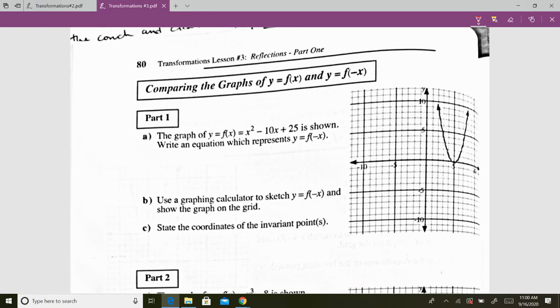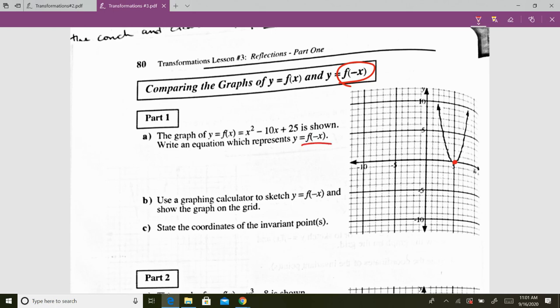So, what if we put a negative into the x? F of negative x. What values do you think are going to change? The x values, all right? So this graph, x is equal to 5.